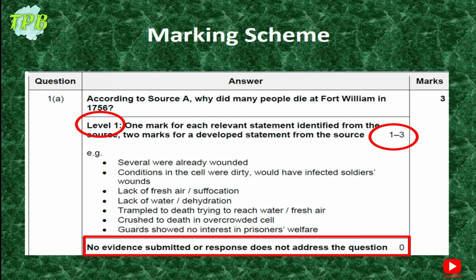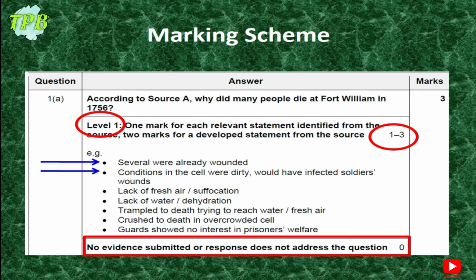Having said that, there are several examples provided in the marking scheme as well. As it says that it is an example, it is possible there could be some points or facts which are not listed here, but they are correct. The first fact written here is that several of the soldiers were already wounded.